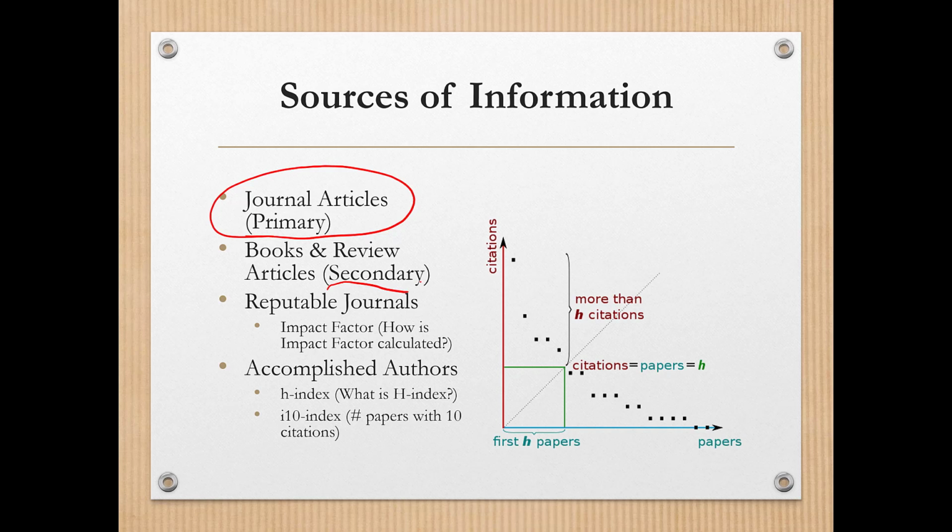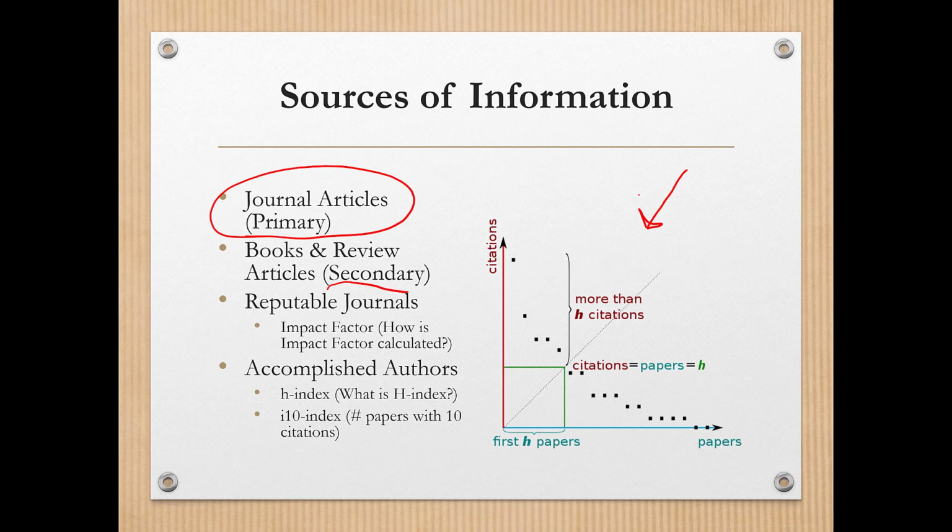And so that's important. We also have a way of understanding the quality of a particular author, and that's called the H-index. And the H-index is best described through the diagram that's shown on the right-hand side in here.